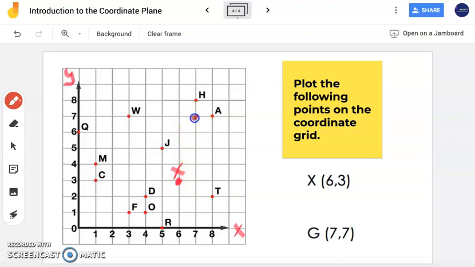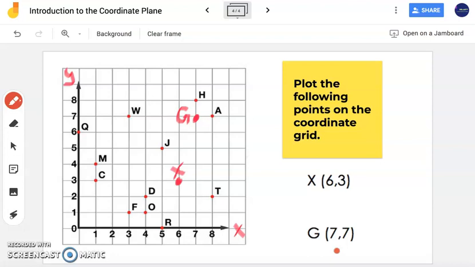And I'm going to first plot the point, and then I need to label it with a capital letter G, representing point G. Now I confirm that's correct because if I look down, I see I have 7 as my x value, and if I look to the left, I see 7 as my y value, which in fact is the given ordered pair in this problem.